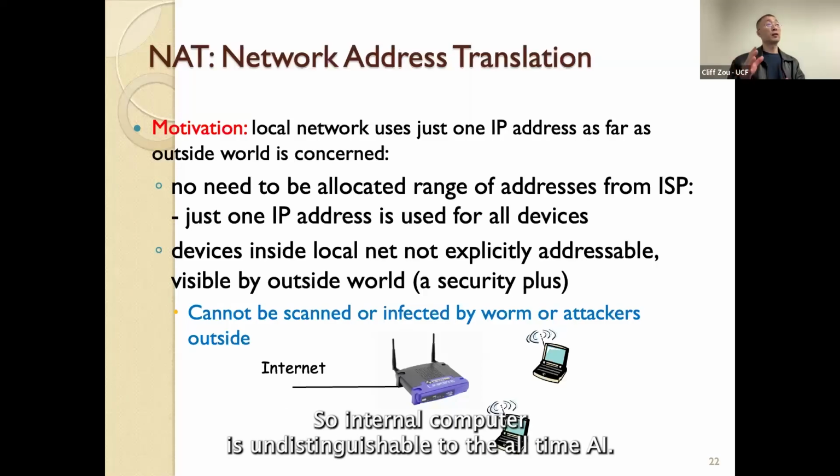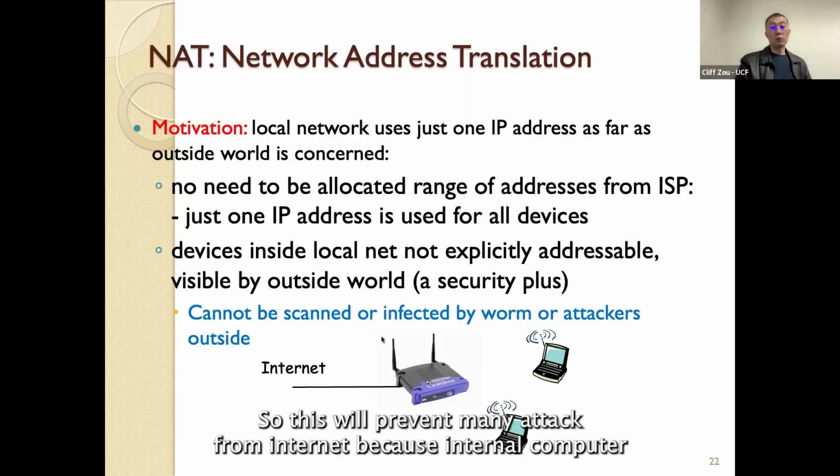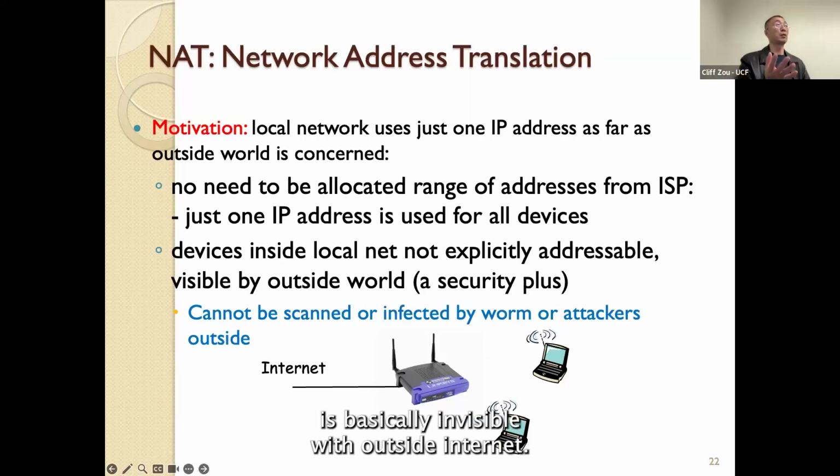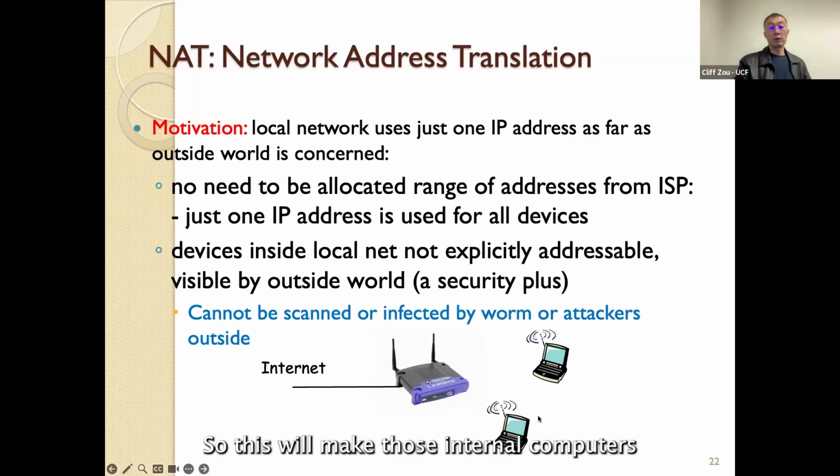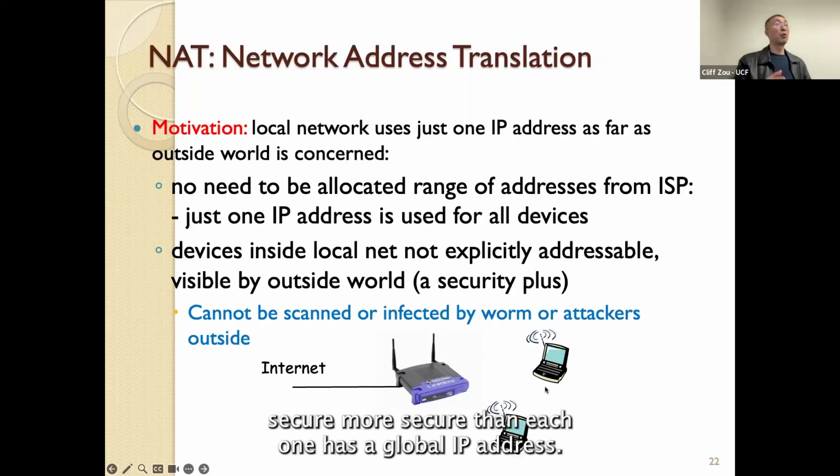So an internal computer is indistinguishable to the outside. So this will prevent many attacks from the internet, because internal computers are basically invisible to the outside internet. This makes those internal computers more secure than if each one had a global IP address.